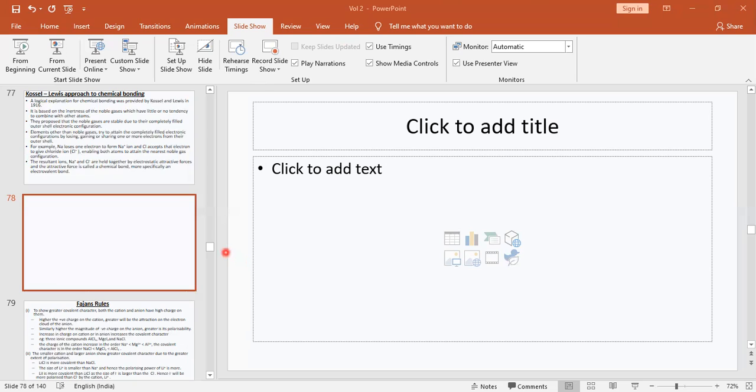We all know oxygen has 6 valence electrons, and totally 3 oxygen atoms are there, so 3 into 6. So totally the nitric acid will have 24 valence electrons.